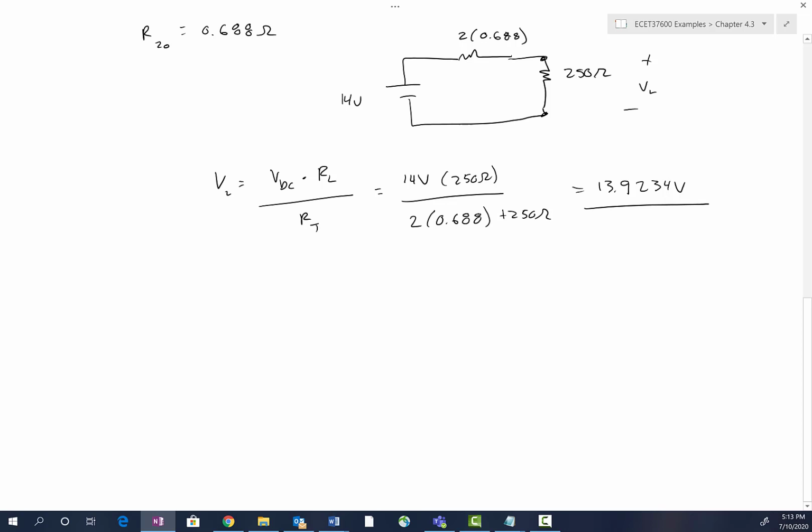So that's the voltage delivered to the load if the air temperature was 20 degrees Celsius, or the temperature of the wire was 20 degrees Celsius. Second part of the problem asked us to determine the same voltage if the temperature of the wire increased from 20 C to 40 C. So we could solve that by looking up the temperature resistivity of copper at 40 degrees C in a table.